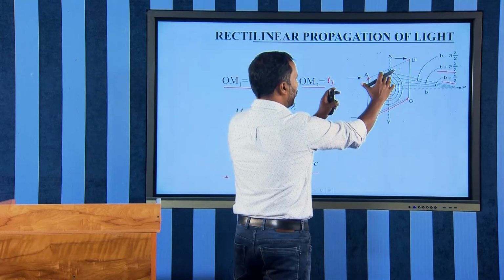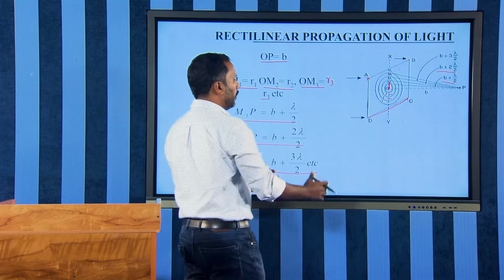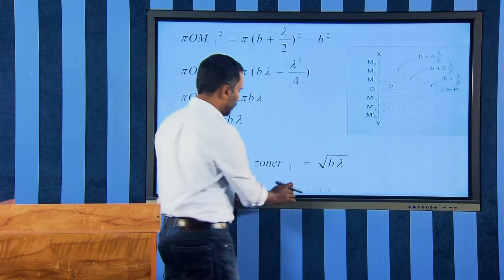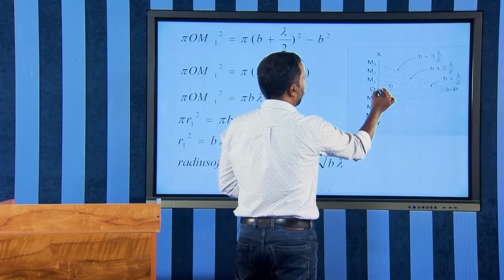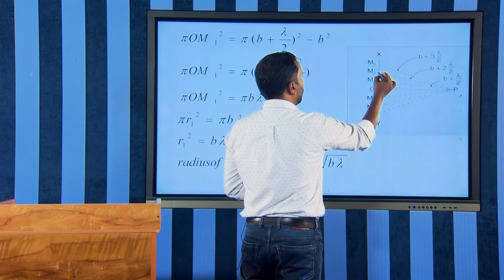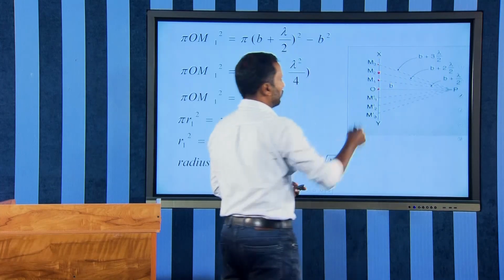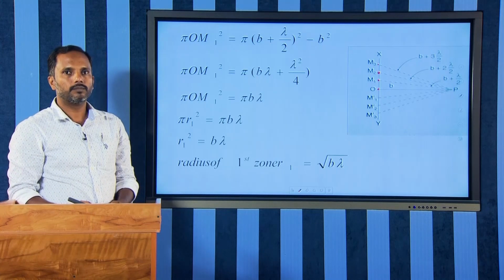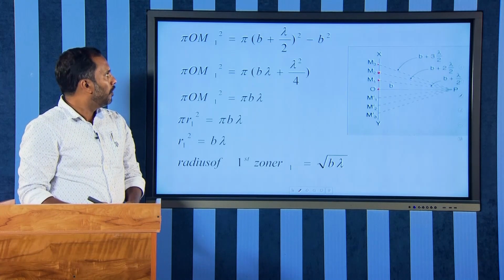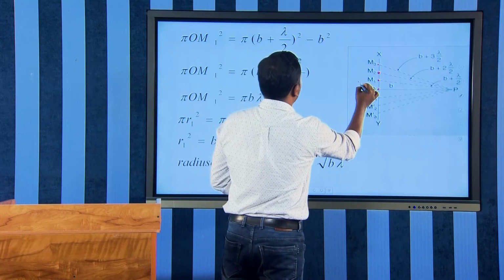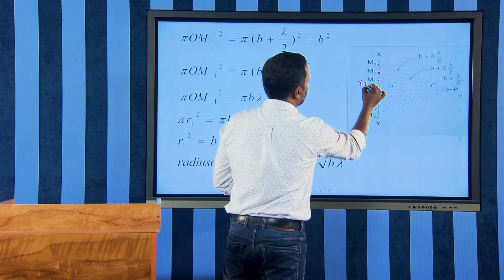It looks like a 3-dimensional view, and I am taking a 2-dimensional picture. So, this is the point O and this is M1, one of the points in the first region, and second region, third region, and so on. OM1 is R1, this distance.